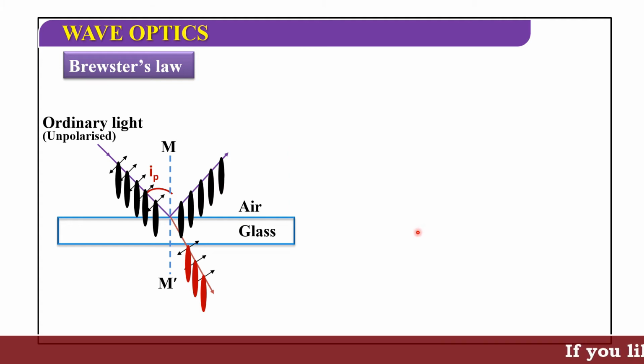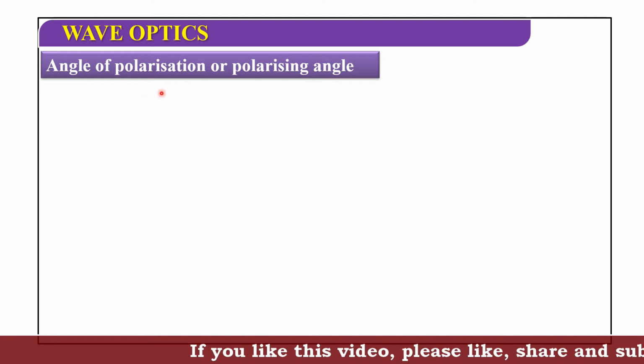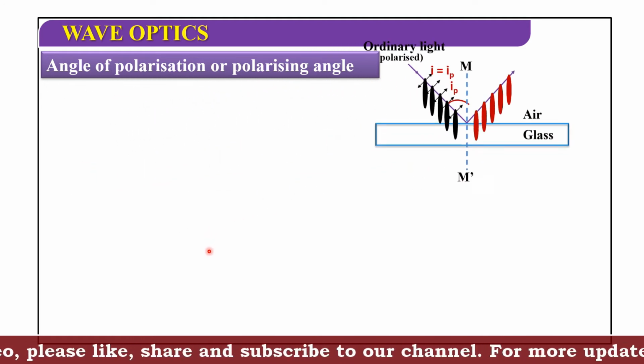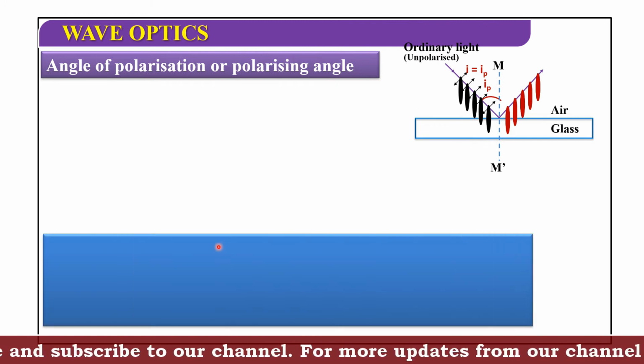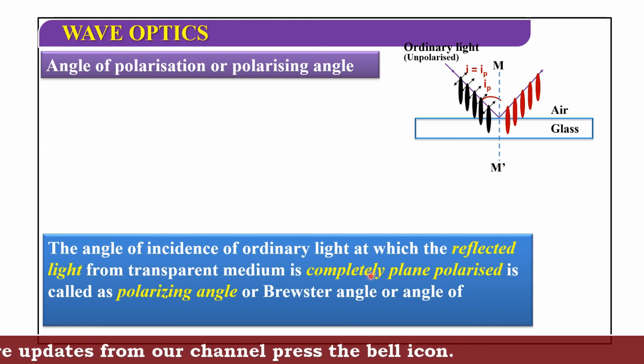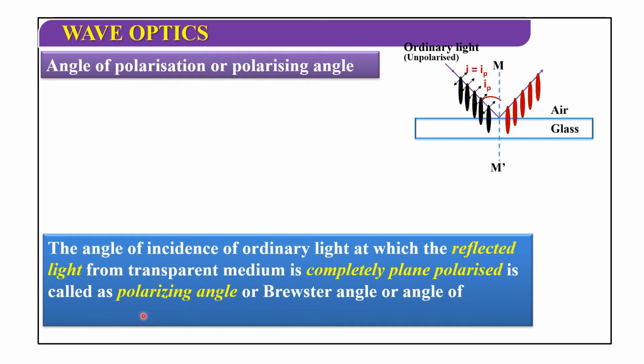Okay. Now I will discuss the angle of polarization or polarizing angle. The angle of incidence of ordinary light at which the reflected light from the transparent medium is completely plane polarized is called the polarizing angle, or Brewster's angle, or angle of polarization.